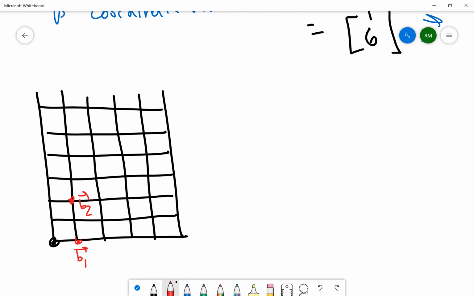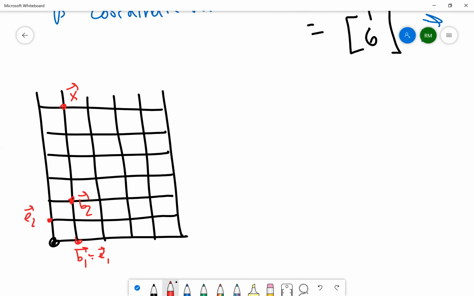And let's see. This is e1. That's the standard basis vector. This is e2. And last but not least, we have x, which is all the way up here at 1, 6. 1, 2, 3, 4, 5, 6. So this is x.